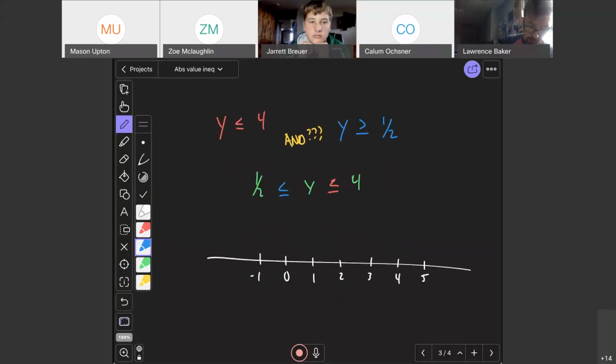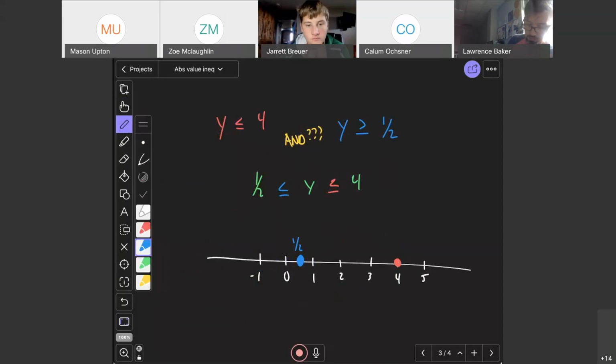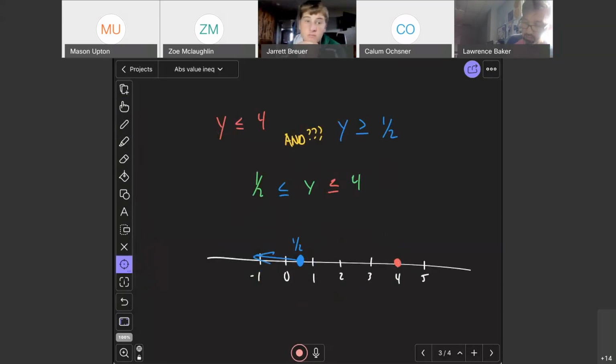Okay, closed, good. So of course on the 4, just have a closed circle. And then on the half, I'm going to put a closed circle where a half is and label that. And then Zoe, from the half, which way should I go? To the left or to the right? Left. And then what about from the 4, Zoe, which way, left or right? Okay.